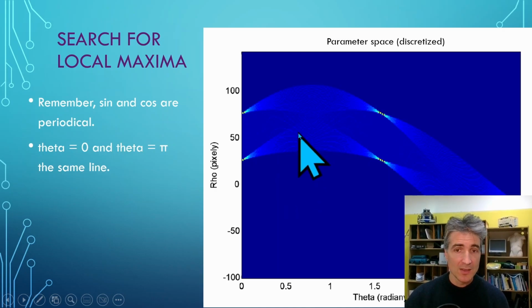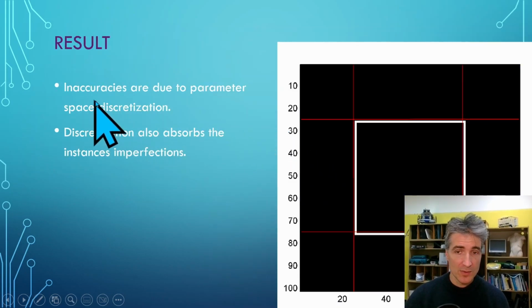And for proper setting, it will end up like this. So we get 4 distinct lines that have received sufficient amount of votes. Okay, so we may right away see that the lines do not go straight to the points, and that's due to the discretization of the parameter space.